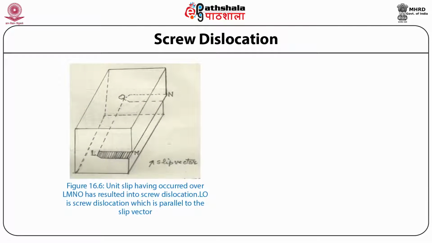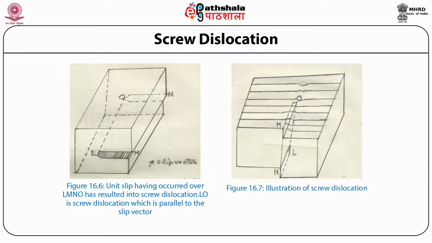Figure 16.6 shows unit slip having occurred over L, M and O, which has resulted in screw dislocation. LO is a screw dislocation which is parallel to the slip vector. Figure 16.7 is the illustration of screw dislocation viewed in a different way.